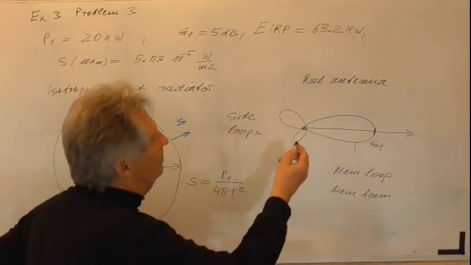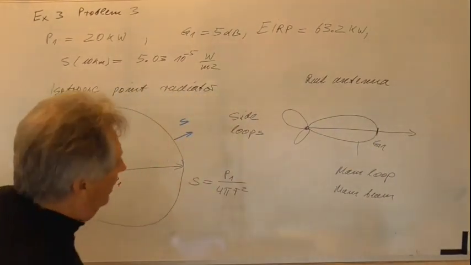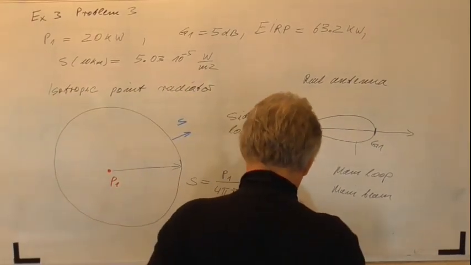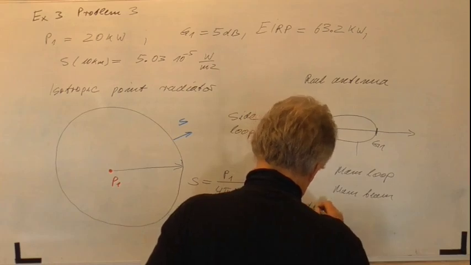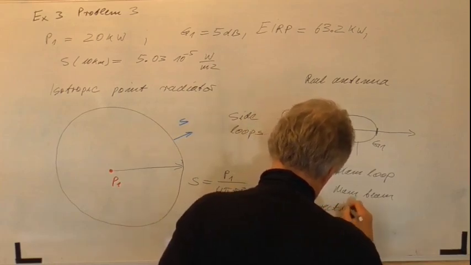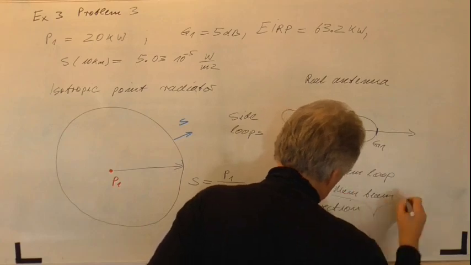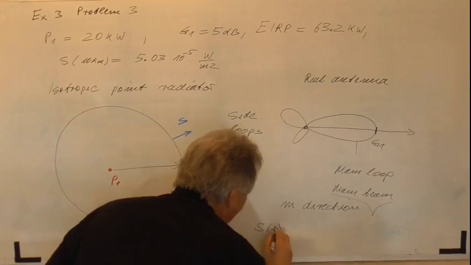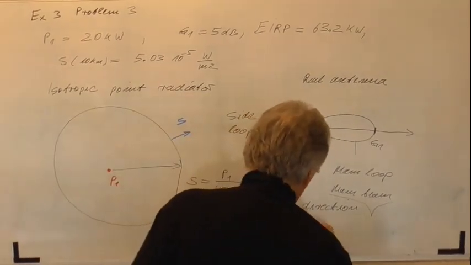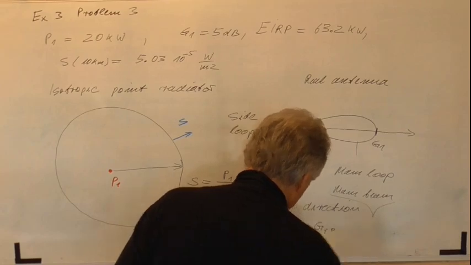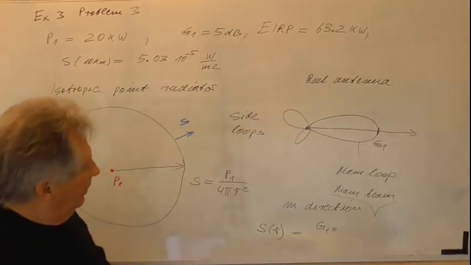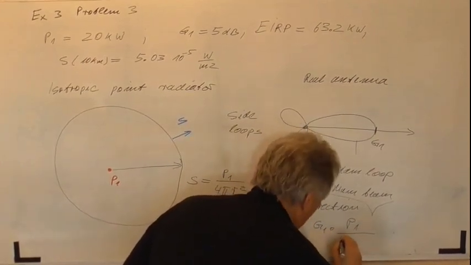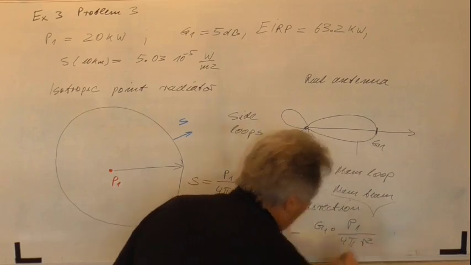To describe this purpose of the antenna, in the direction of the main beam we will have the power density S of R, which is then G1 times, so here comes now the gain of the antenna, P1 over 4 pi R squared.